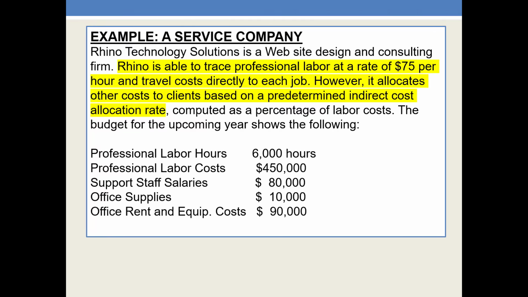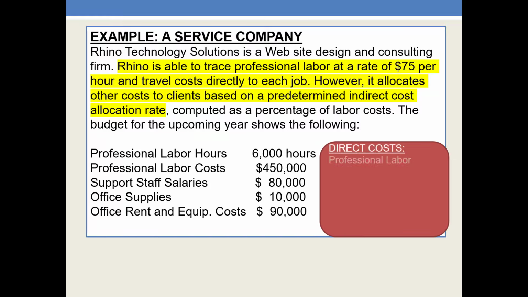Now we can look back at the information provided, and what I have highlighted here tells us that they can trace professional labor and travel directly to each job, but they allocate the indirect costs. So we need to identify what are our direct costs and what are our indirect costs.